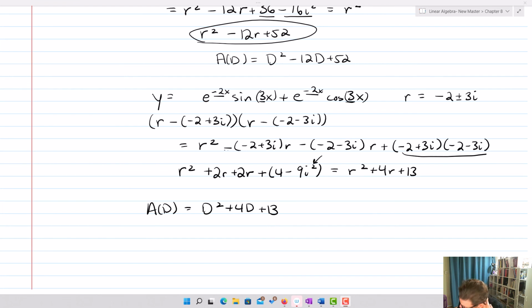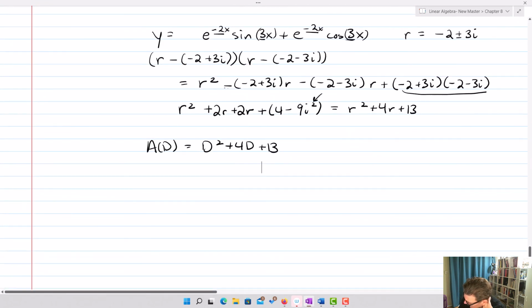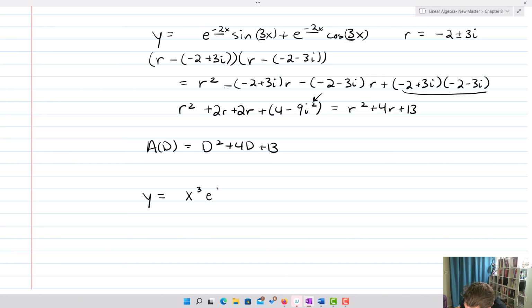One last thing is that just like when we worked with the homogeneous differential equations with constant coefficients, we can actually have higher powers of the complex auxiliary polynomials. So for example, if we have something of the form y equals x cubed e to the 4x cosine 2x, then I'm going to have the base annihilator, and I'm going to raise it to the 4th power because I've got an x cubed in front of the e to the 4x cosine 2x, right?